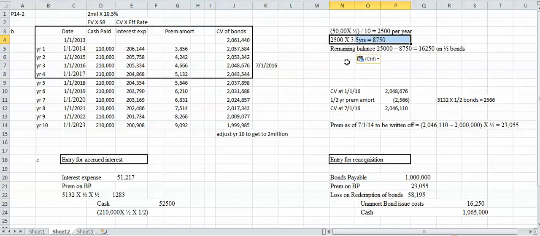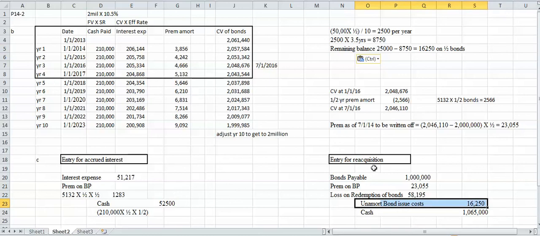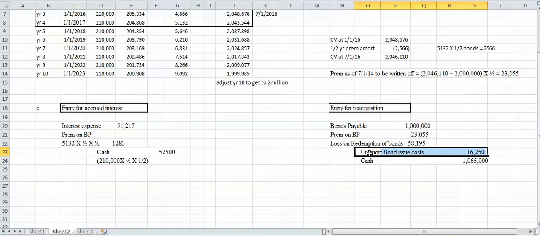So we multiply by 3.5 years. So that's the amortization of that cost, $8,750. So half of the bonds cost was $25,000, 50,000 times half of it, minus the $8,750 gives me the $16,250. That's the unamortized cost. I need to get that off of the books because we're reacquiring the bonds, and we're going to now deal with that final part of it.